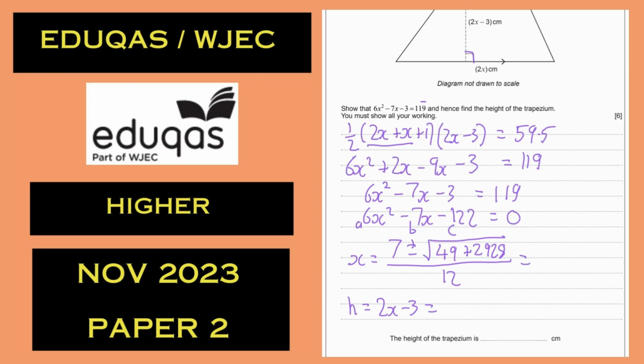Now, when we do the minus bit, we get the answer -3.96. Not possible, because that'd be a negative then. There's no such thing as a negative length. We are rejecting the negative answer. We're not interested, and neither is the mark scheme.